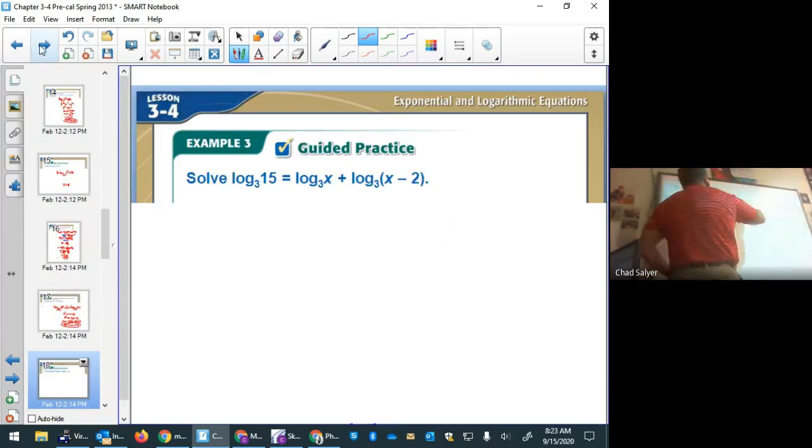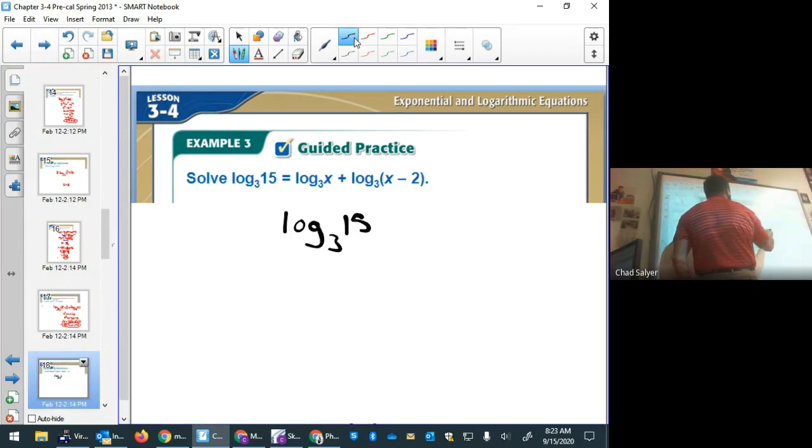So here's one for you. Here's the hint: you're going to have to use laws of logs on that right side.